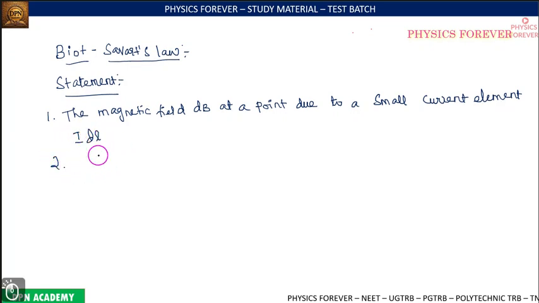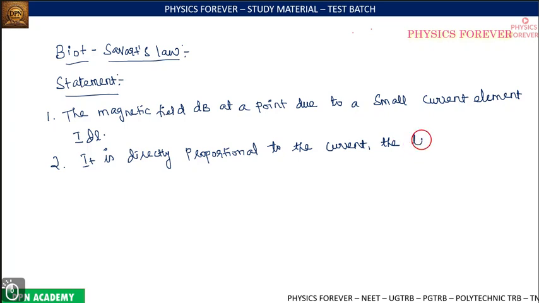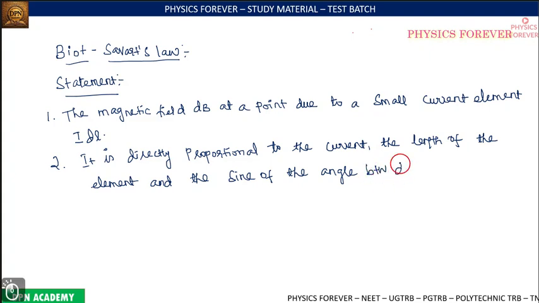Second point, it is directly proportional to the current and the length of the element, and the sine of the angle between DL and the line joining the element to the point.